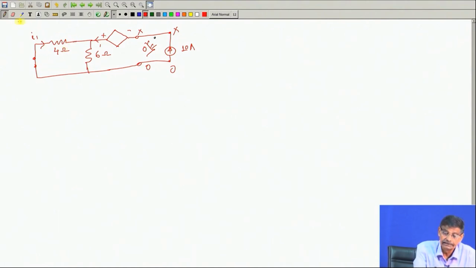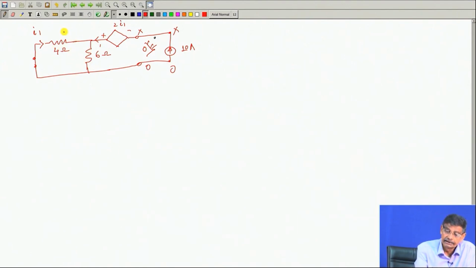Let me remove this I 1 business. Okay, let me keep this. This is I 1, then only this will be 2 I 1. This is known, but this 10 ampere will come here and it is getting divided into parallel resistances.